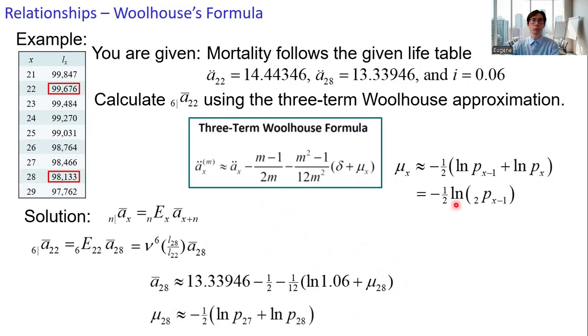All right, so here mu 28 is negative 1/2 times the natural log of p27 plus the natural log of p28. And this can be simplified to the natural log of l29 over l27. And we can get these two quantities from the table.